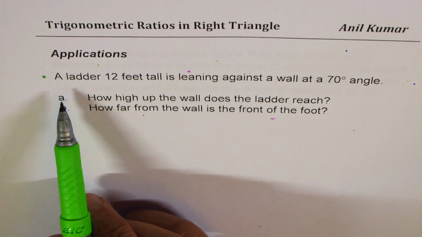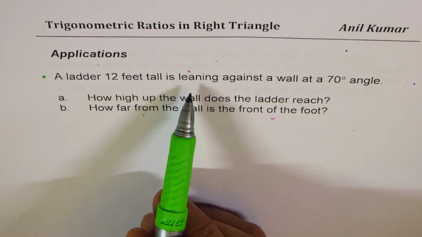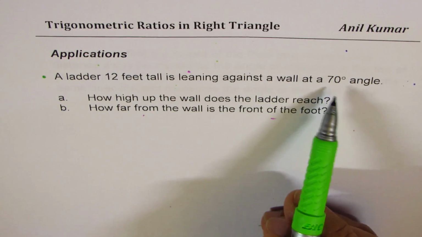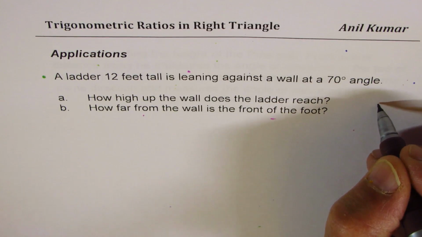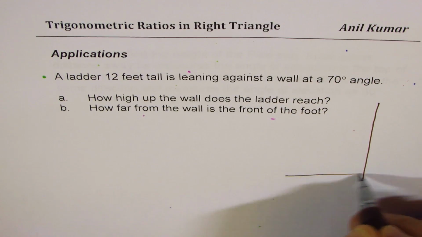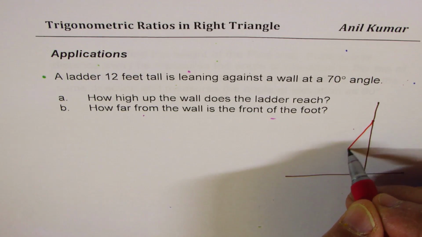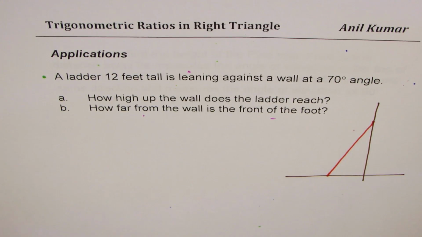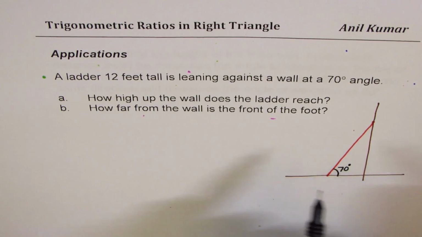The first question here is, a ladder 12 feet tall is leaning against a wall at a 70 degrees angle. So let's say we make a figure like this. Let's say we have a wall here, and that's the ground. And let's say the ladder is leaning at 70 degrees. So that is the ladder making an angle of 70 degrees, right?